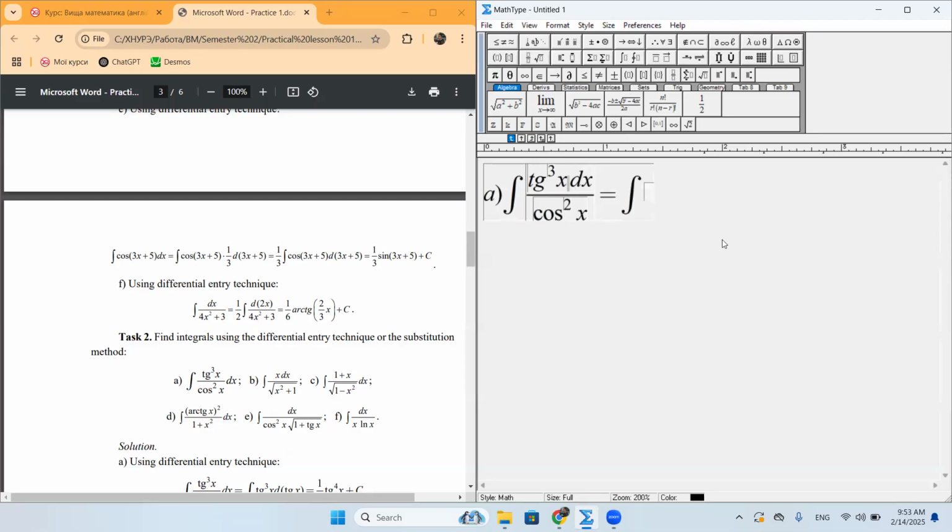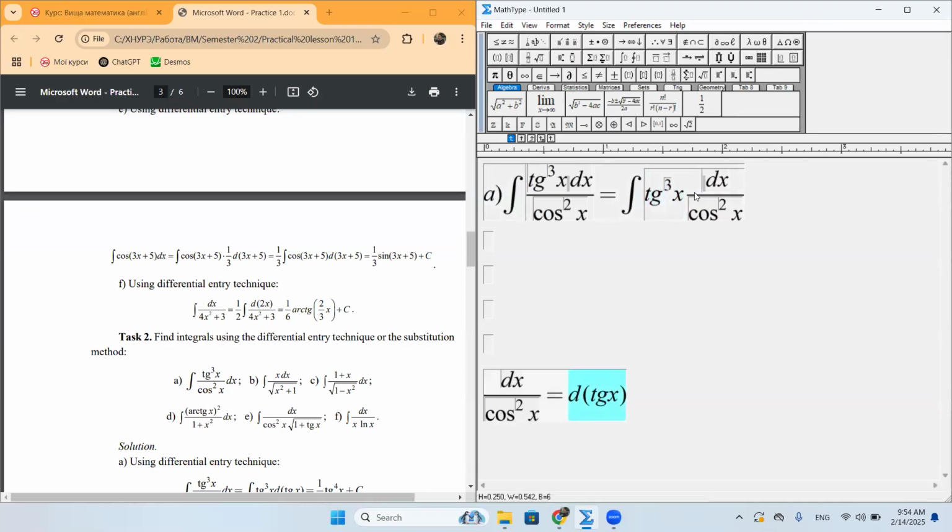So what I mean, dx divided by cosine square of x is actually the differential of tangent x. So we will use tangent cubed of x multiplied by the differential of tangent x.